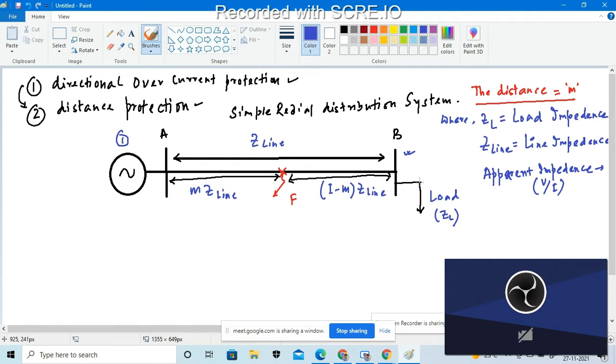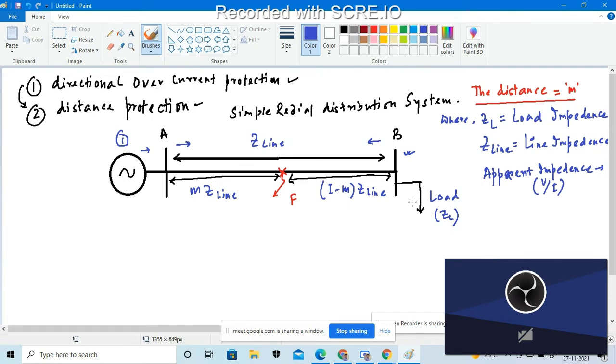Due to some loads or due to some system failure there must be some fault. The fault may appear in this direction or in this direction, due to any kind of failure on the load side, because on the load side we have a connection of transformers and other electrical components.